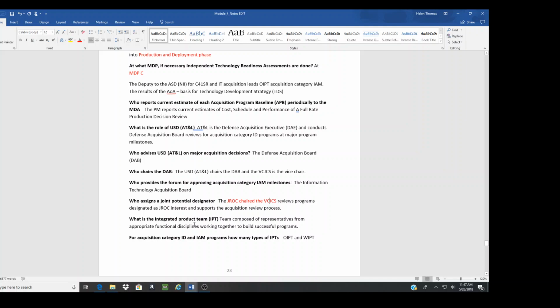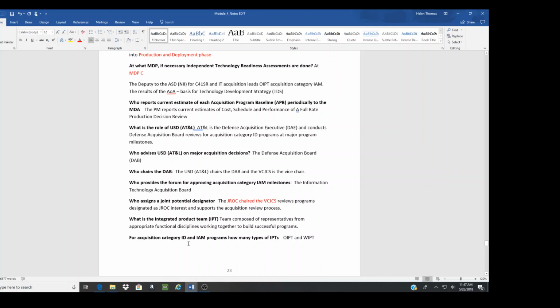What is the Integrated Product Team, IPT? A team composed of representatives from appropriate functional lines working together. That's a working group of subject matter experts from each area coming together to talk about that system development.